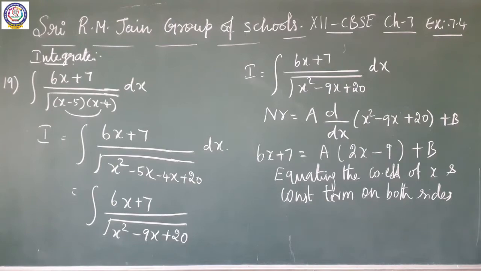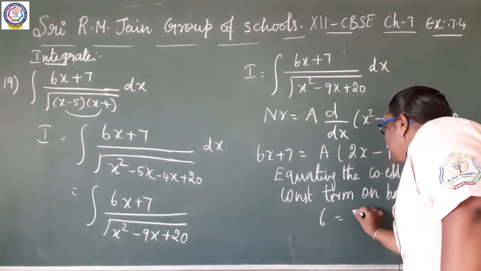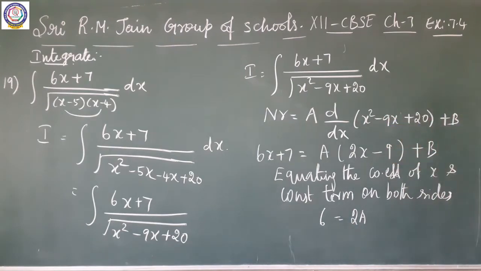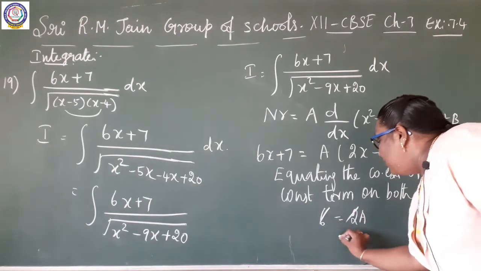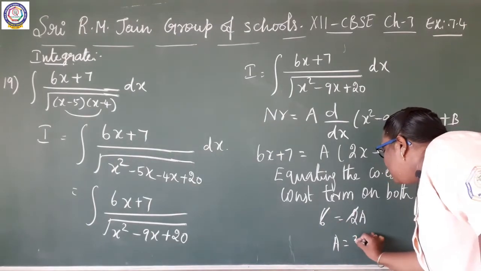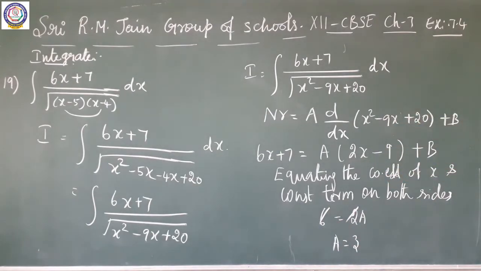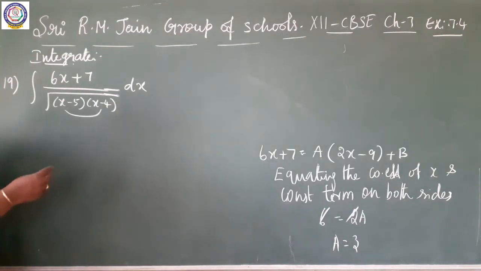What is the value we are getting? 6 equal to 2a. What is the value of a? a equal to 3.